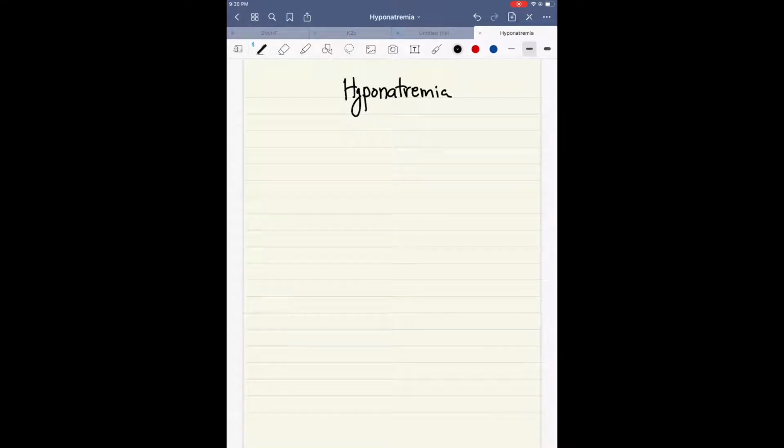So to jump into this and not take too much time: hyponatremia, what is it? It's low sodium levels. The first thing we need to do is figure out what the normal sodium level is. Normally, our sodium level is between 135 and 145 milliequivalents. Hyponatremia is going to be less than that. The other thing we need to know is our serum osms.